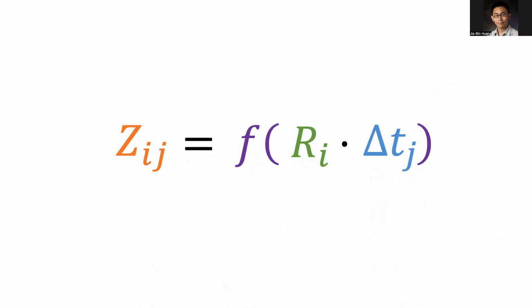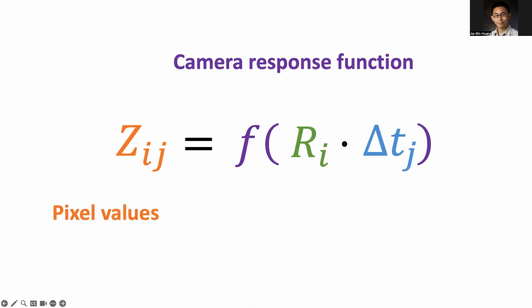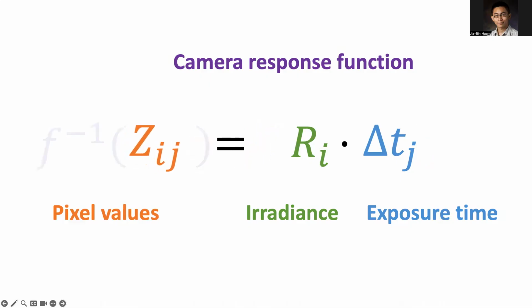All right. So there's this simple relationship, right? You have a function where the pixel value equals the camera response function that takes the irradiance times the exposure time. Last time we talked about how, instead of modeling the camera response function, you can model the inverse of that, right?